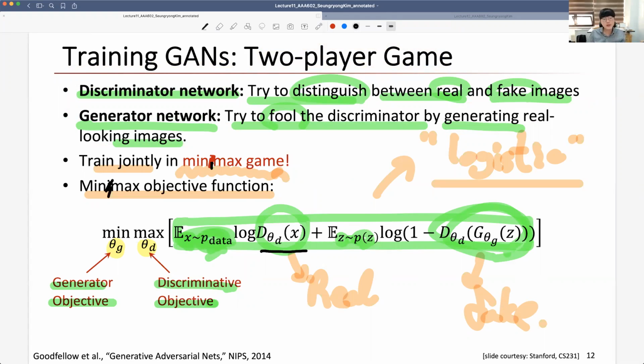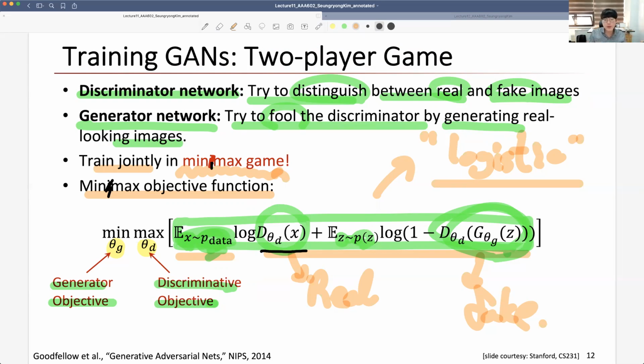If you think about the discriminator training only, it is just like logistic regression, right? It is a two-class classification problem, to classify the real case and the fake case.